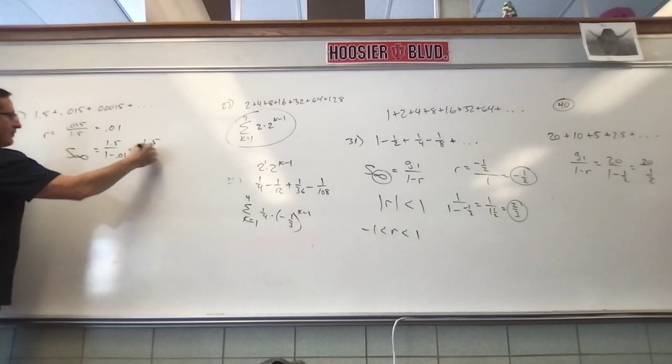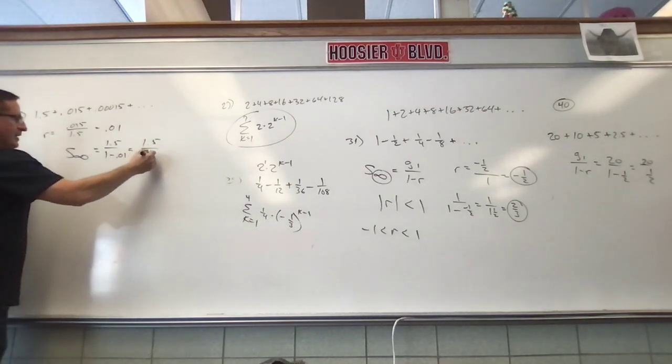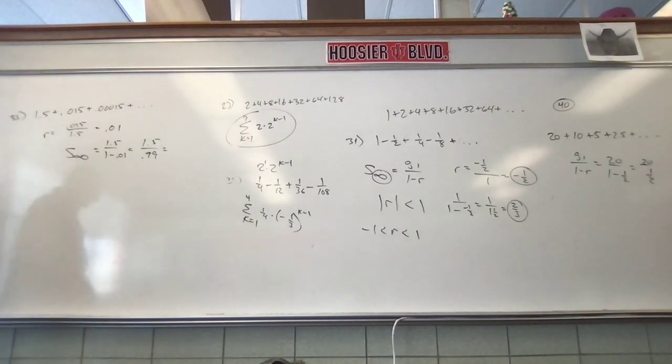So 1.5 over $1 minus a penny is 99 cents. Let's punch that in. What's 1.5 divided by 0.99? You get 1.51 repeating, I got.